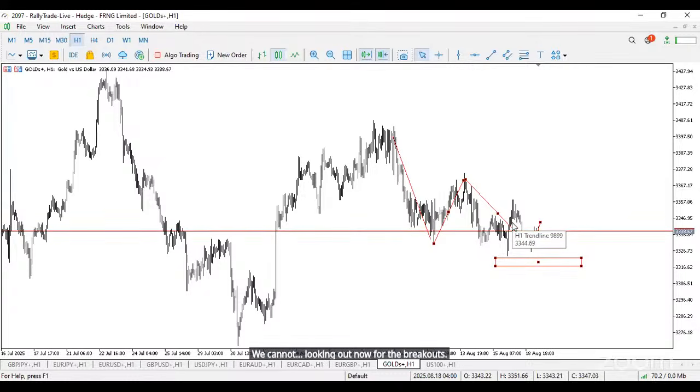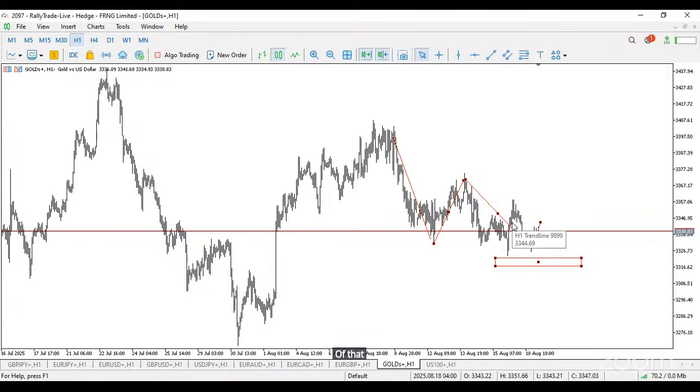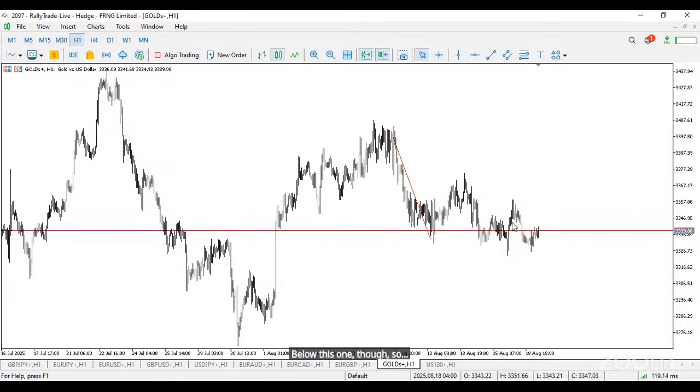You're waiting for the breakout of that lower low, below the consolidation, for you to begin to sell from. Very simple. Make it as simple as possible all the time. If this is your speculation that you're seeing a downtrend, use a sell stop below this lower low to catch yourself.